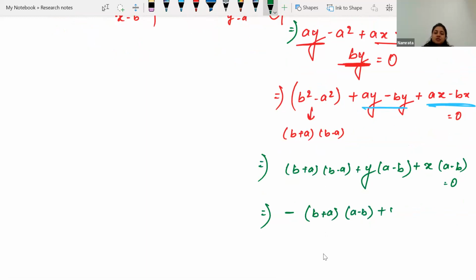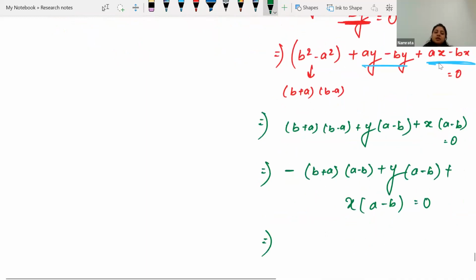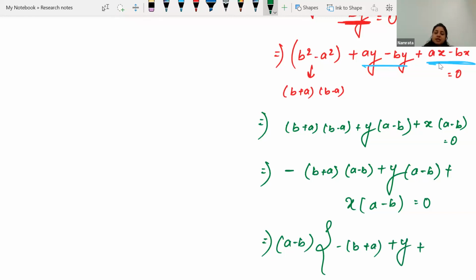Plus y(a minus b) plus x(a minus b) is equals to 0. So we will be having a minus b as a common factor, and let's write the remaining term, that is (negative b plus a plus y plus x) is equals to 0.